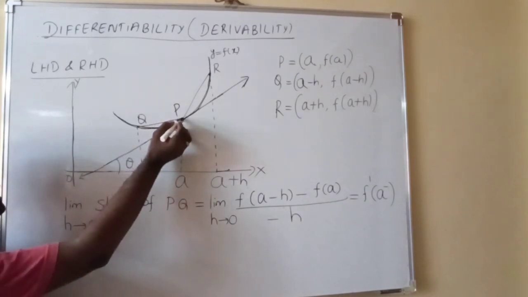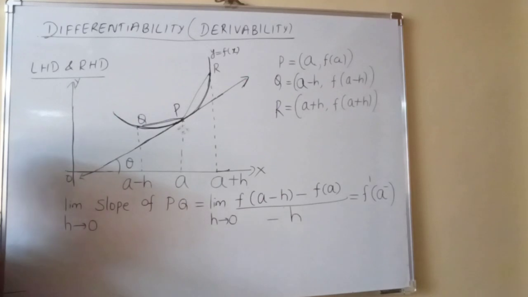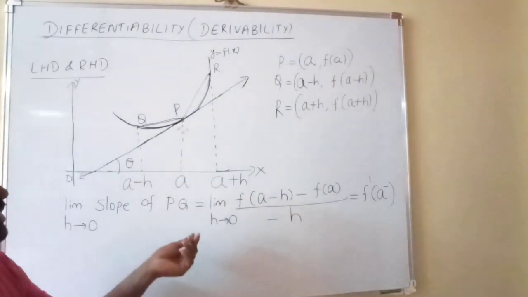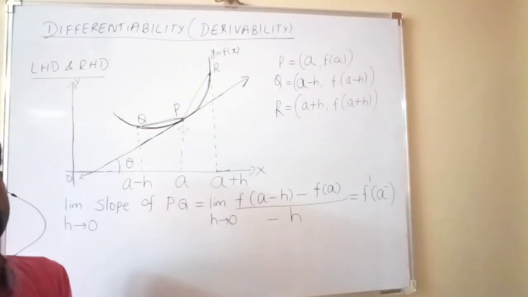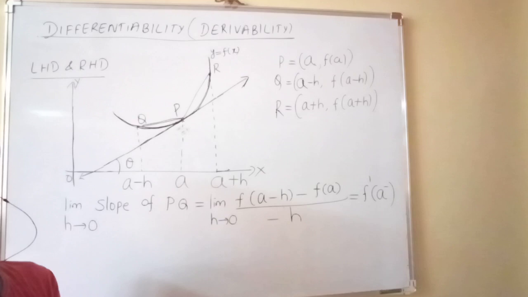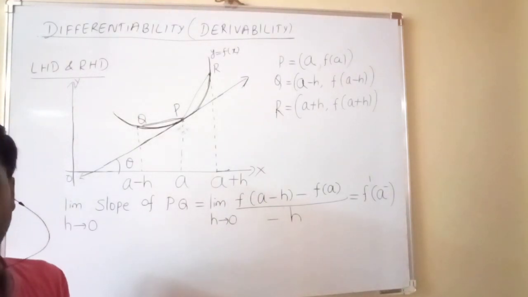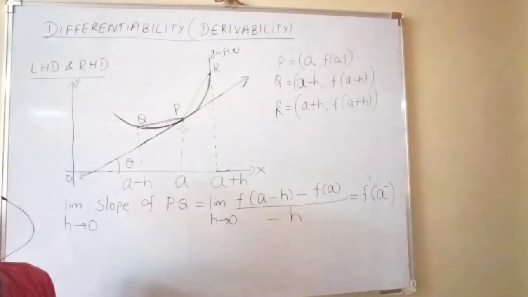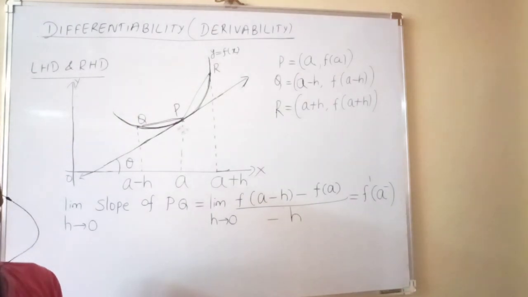This PQ line becomes the left tangent line at P. That means this f dash of a minus is nothing but the limiting value of the slope of the left secant lines through P. Okay.